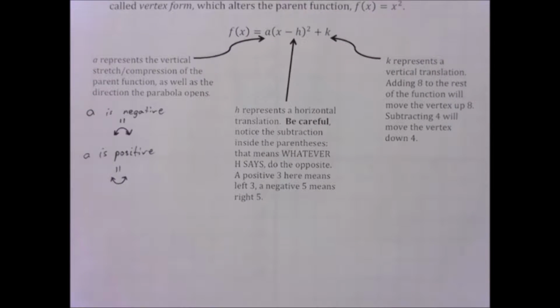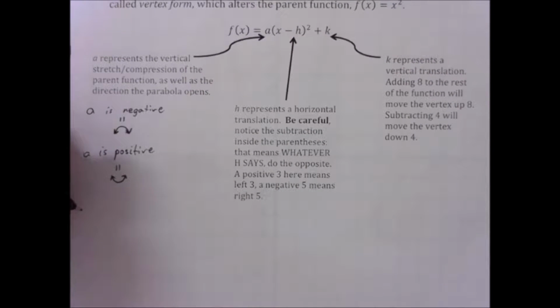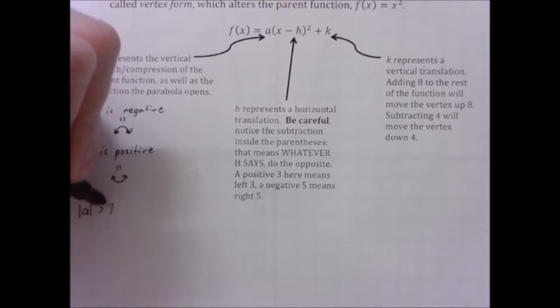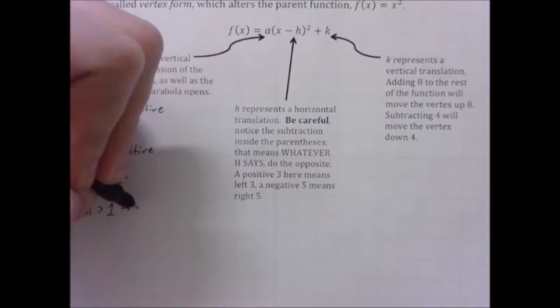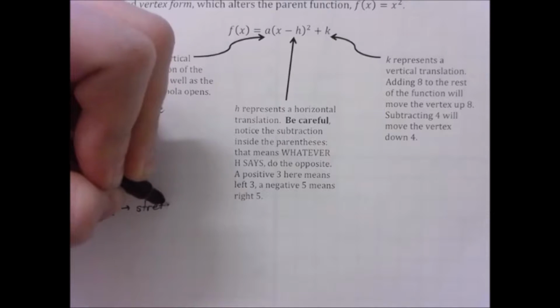And then we have our stretch and compression. So if a, and I'm going to put the absolute value of a because we don't care about the negative or positive when we're looking at the stretch. We care about if it's a number bigger than 1 or if it's a fraction. So if the absolute value of a is bigger than 1, we call that a stretch, a vertical stretch.